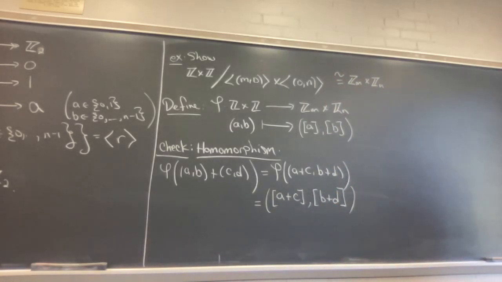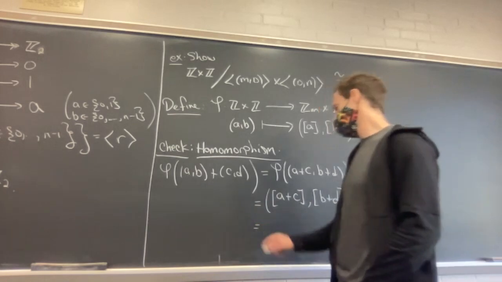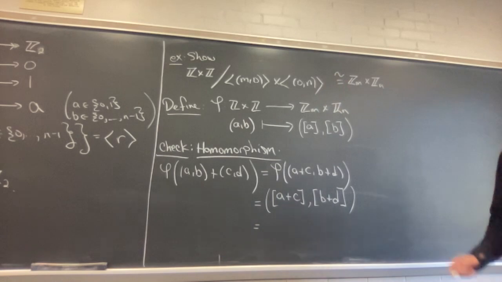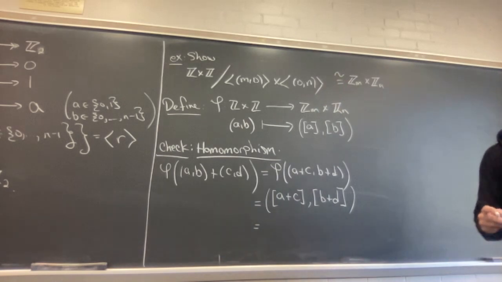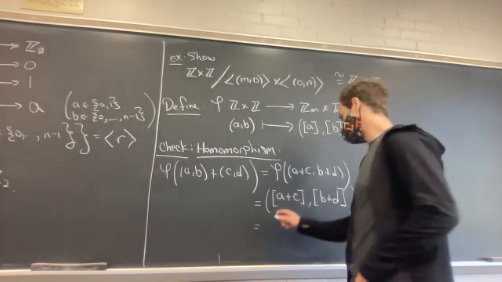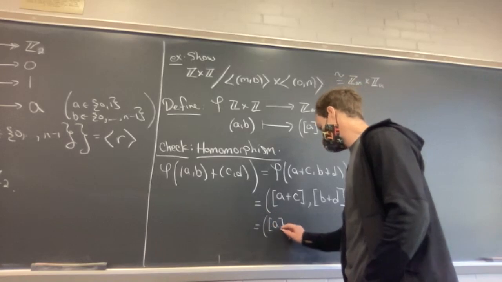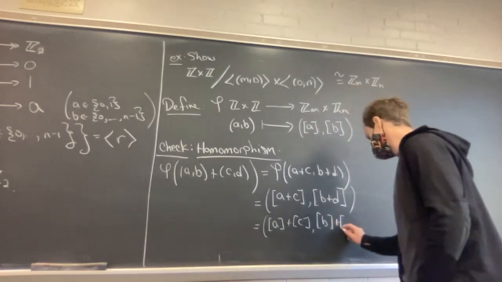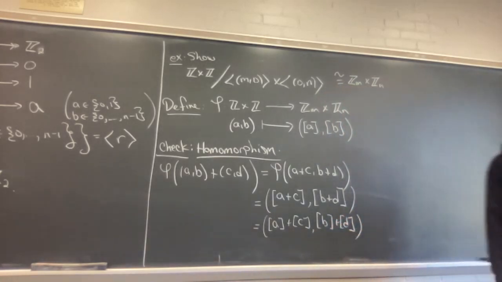From the definition of phi, but then much earlier in the class, just before the halfway point, we showed that the sum of equivalence classes was the new equivalence class defined by the sum. So that means you can pull this apart into equivalence class of a plus equivalence class of c, equivalence class of b plus equivalence class of d. Remember, we showed that if a was congruent to c mod n, and b was congruent to d mod n, then if you added them, you still had congruence modulo n.